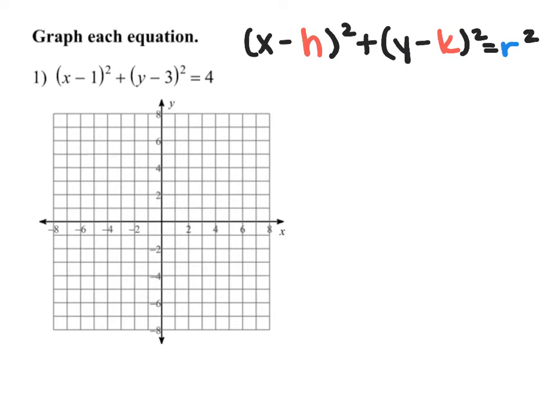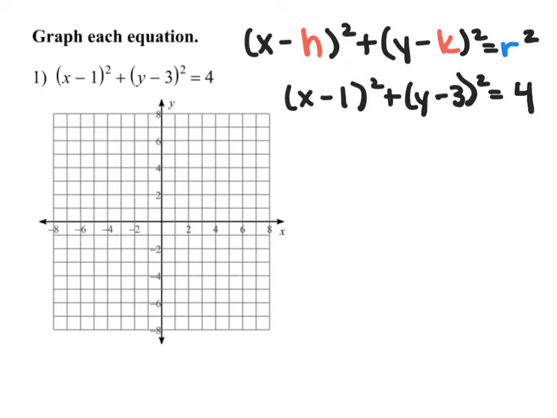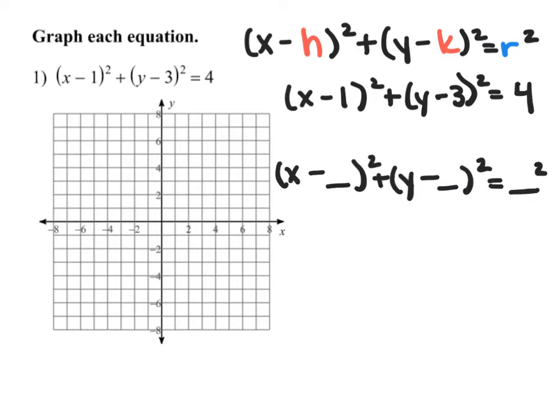So if I'm given x minus 1 squared plus y minus 3 squared equals 4, to figure out the coordinates, we know it should be x minus some number squared plus y minus some number squared equals the radius squared.